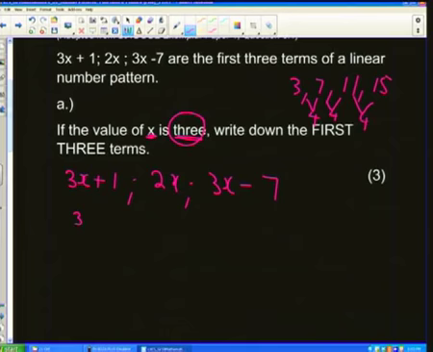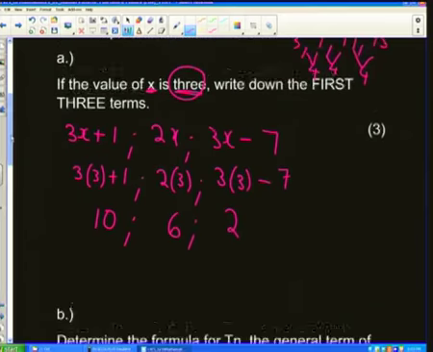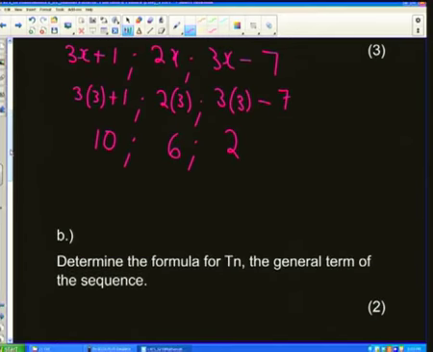You've got 3 bracket 3 plus 1, 2 bracket 3, 3 bracket 3 minus 7. Now we work it out. 3 times 3 is 9, plus 1, you get 10, 6, and then 2. So the first 3 terms of this sequence are 10, 6, and 2.